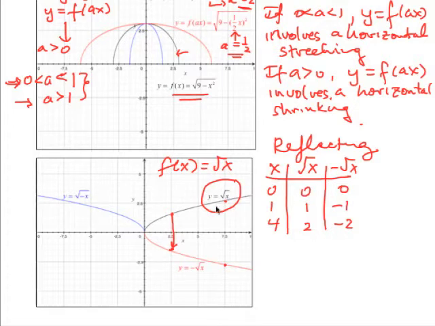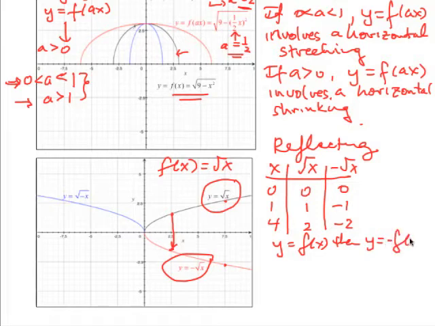And so when we have a negative in front of the function, if I was to generalize this, then if I take y equals f of x, then y equals negative f of x is a reflection in the x-axis.